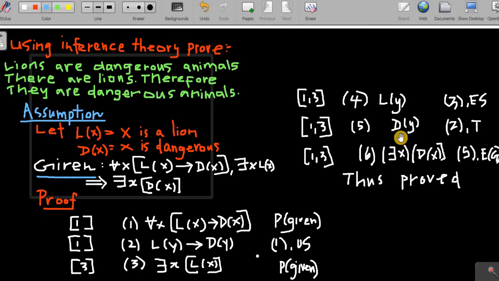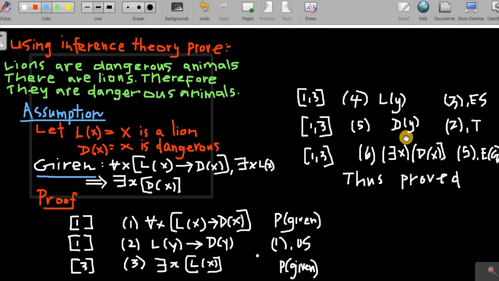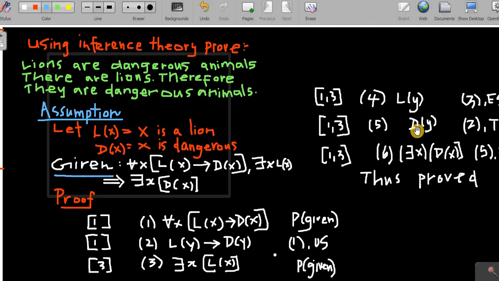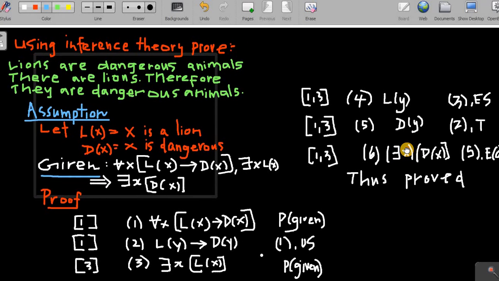By using step number 2 and step number 4, and the tautological rule, A, comma, A implies B, implies B, that formula is used in step number 5. Which steps are used? Step number 2 and step number 4. Thus, I get step number 5.